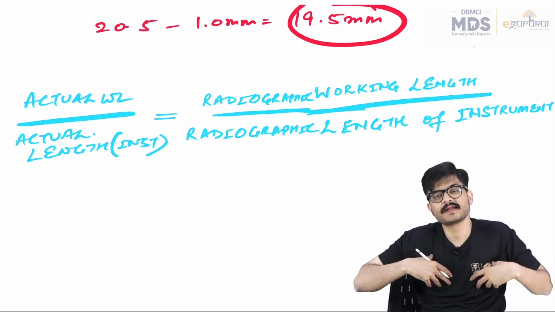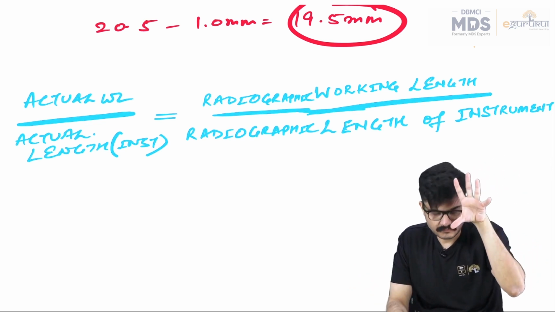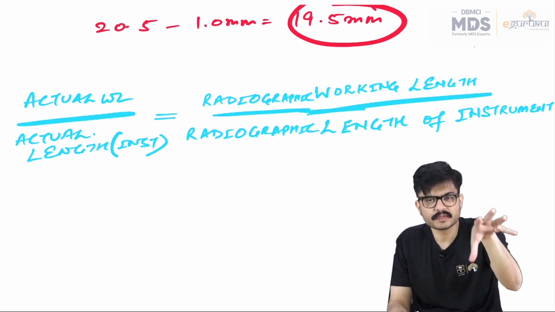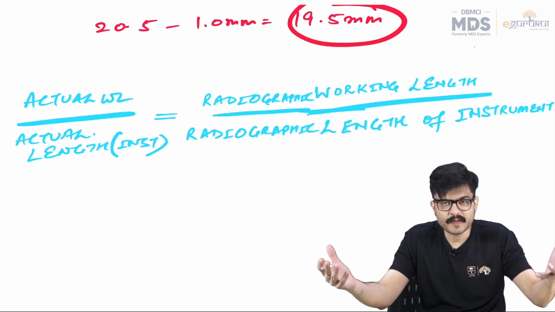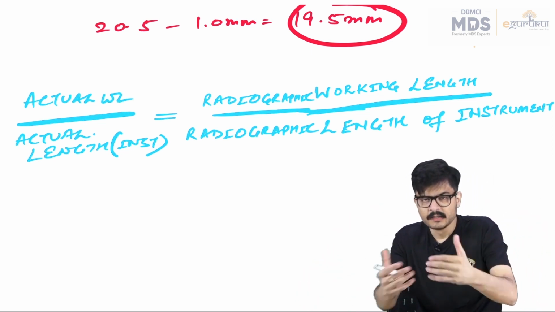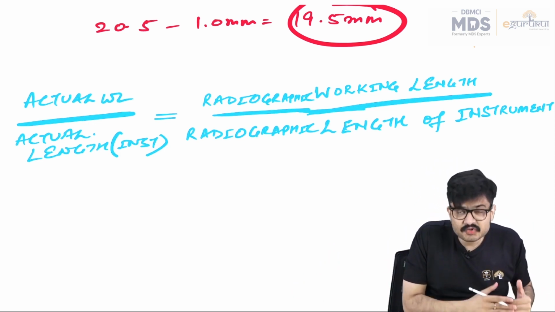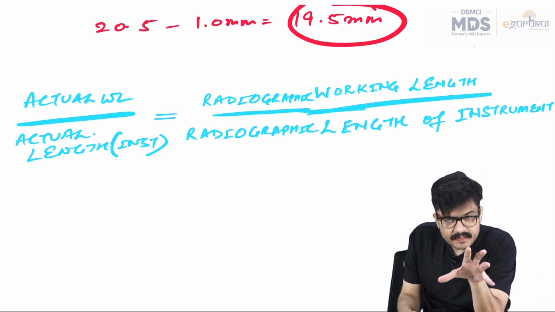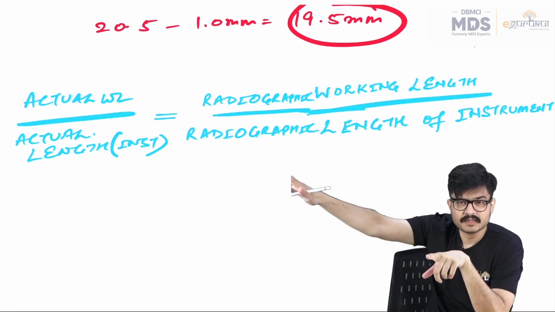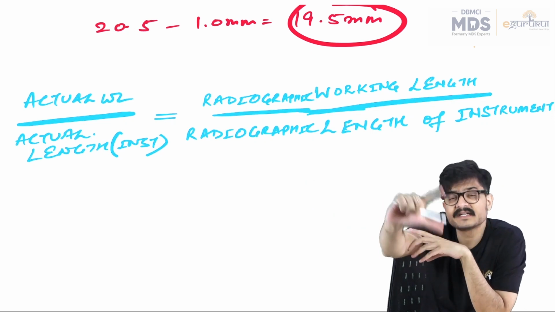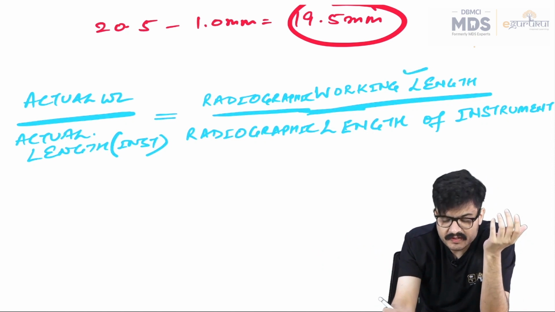Actual length of instrument I know. For instance, on the X-ray, I determined the working length to be, say, 22 mm. So I would set my actual length of the instrument to 22 mm and shoot an X-ray. Now that X-ray is distorted. So according to that distorted X-ray, there would be a working length value, which I'll note down here.